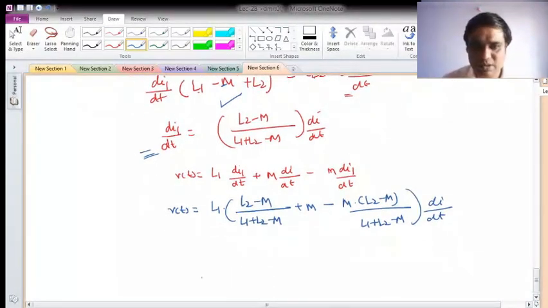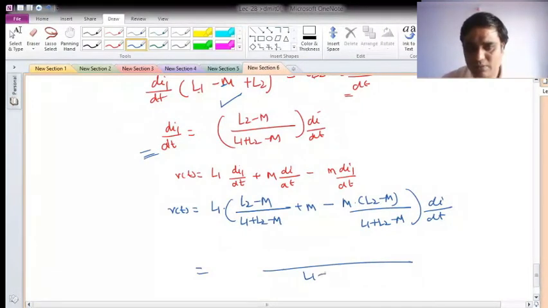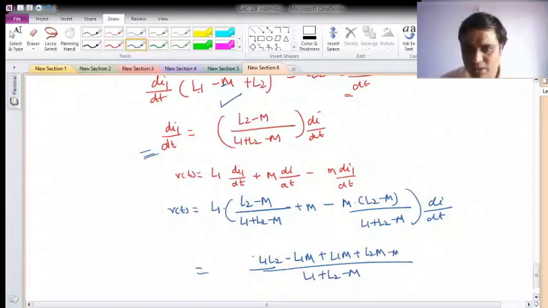Now the LCM is L1 plus L2 minus M. If I do cross multiplication, I'll get L1 L2 minus L1 M plus L1 M plus L2 M minus M square minus M L2 plus M square into di by dt.